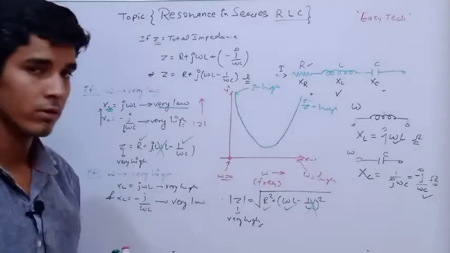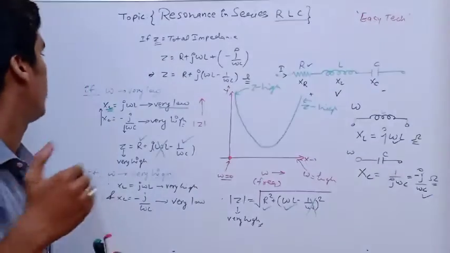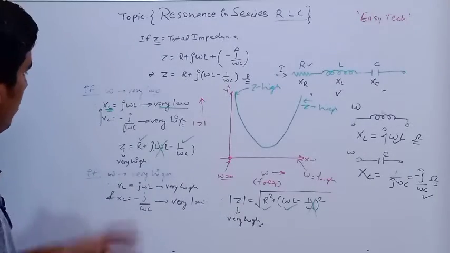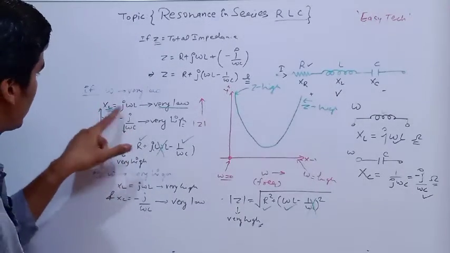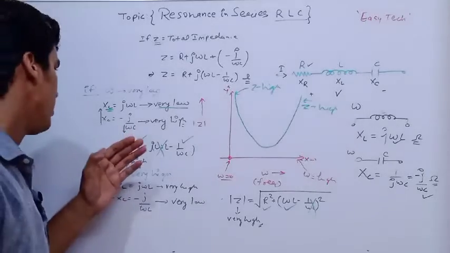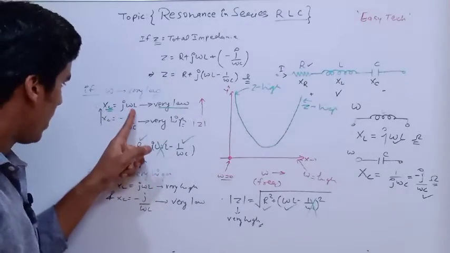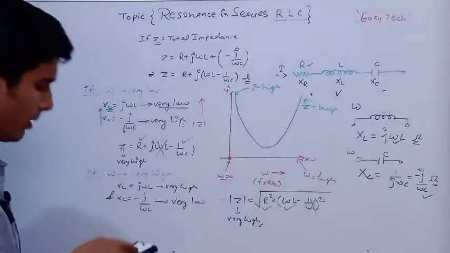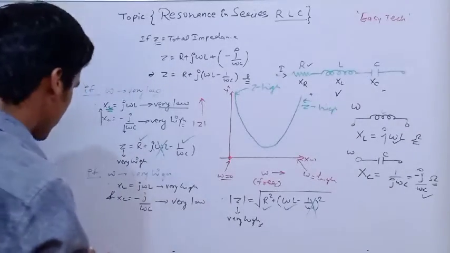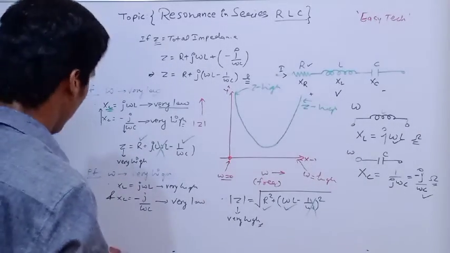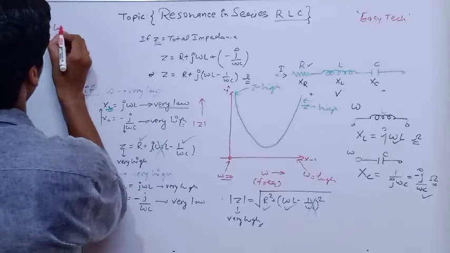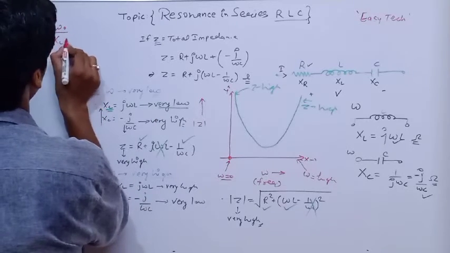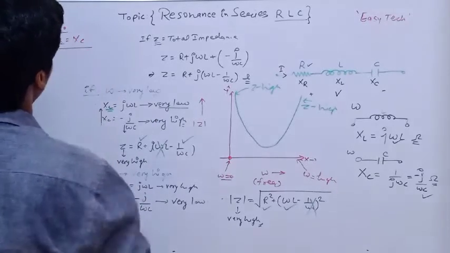I am not talking about positive or negative, because obviously XC will be negative and XL will be positive. So maybe there is a particular frequency, I can consider that as omega naught, where the XL value becomes equal to the XC value.